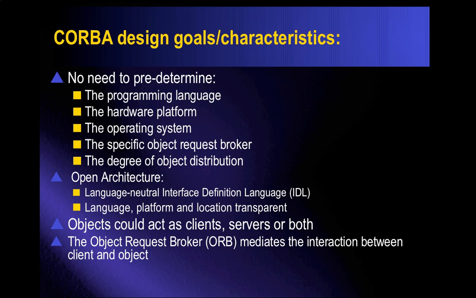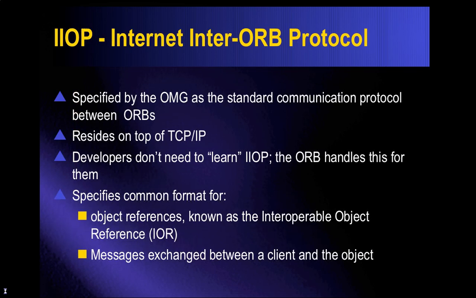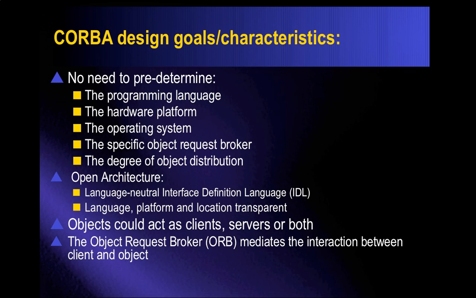You just move things anywhere you wanted to. Location didn't matter, which just means it includes JNDI technologies, which it does. Objects could act as clients, servers, or both, and the object request broker, or the ORB, mediates the interaction between clients and objects. And that's pretty much what we're looking at in terms of having a clear solution.